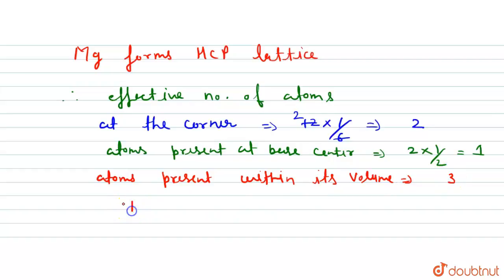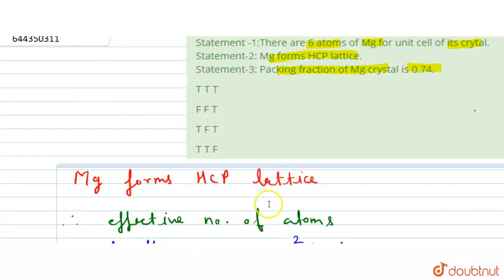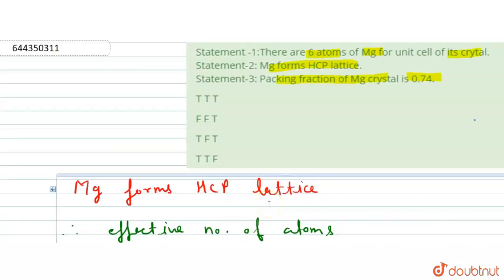Therefore, total number of atoms comes to be 2 plus 1 plus 3, which comes to be 6. Hence, in Mg, the total number of atoms is 6. Hence, our first statement is correct.